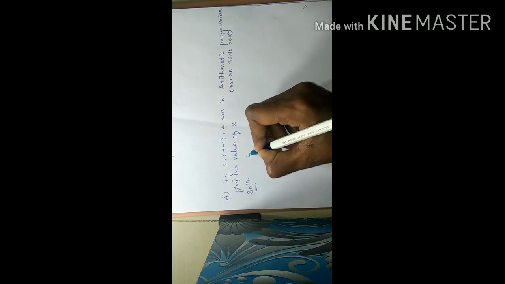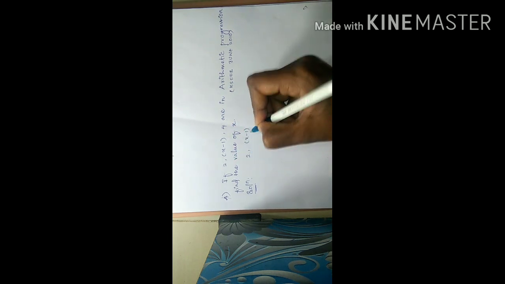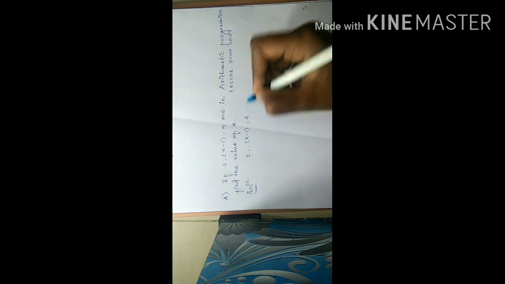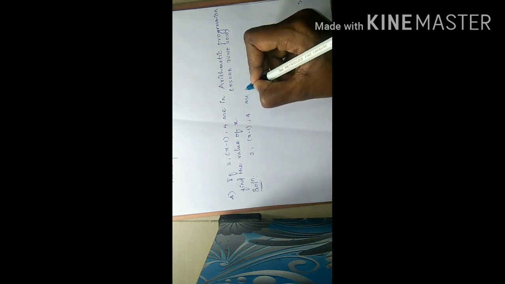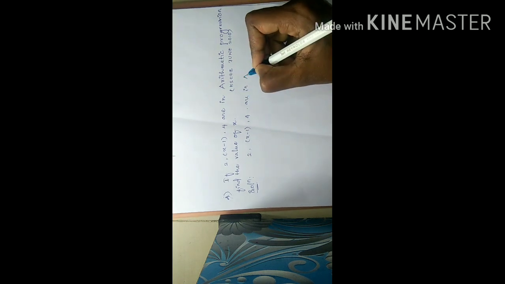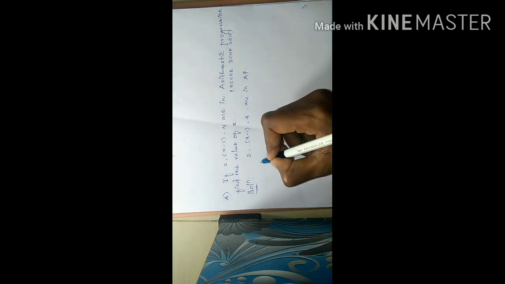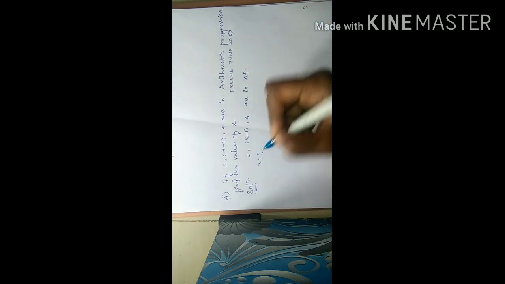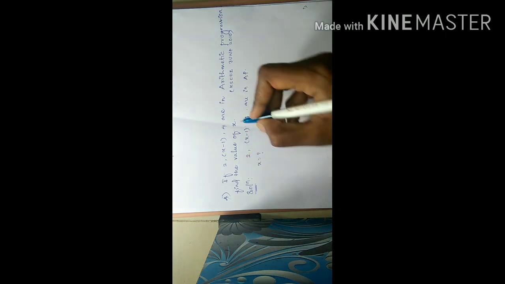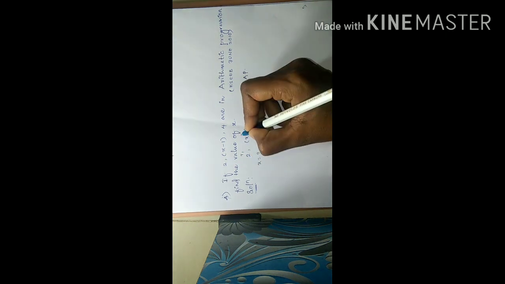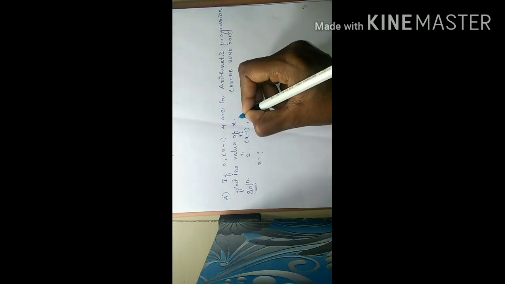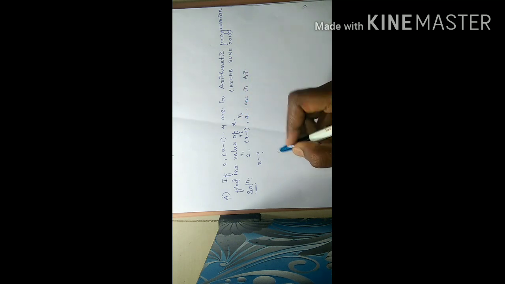So let me write the terms: 2, x minus 1, 4 are in AP. So x is equal to question mark. So this is T1, T2 and this is T3.